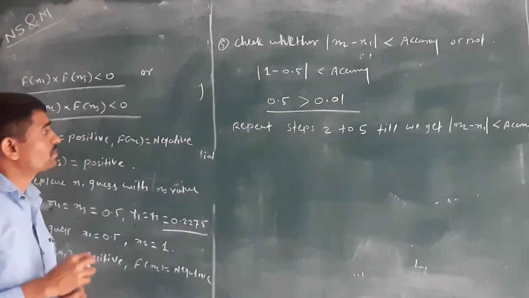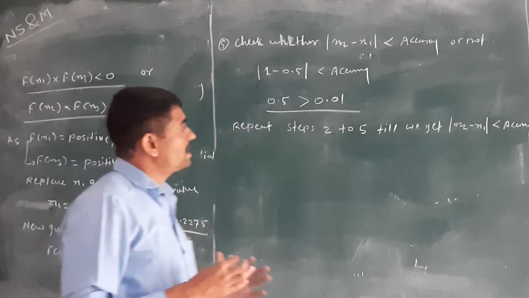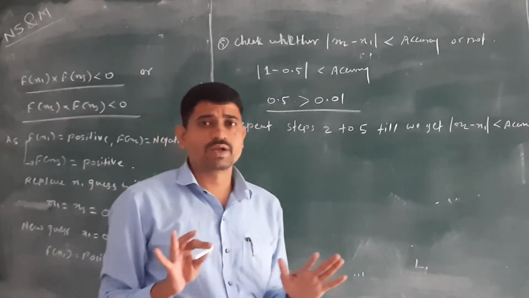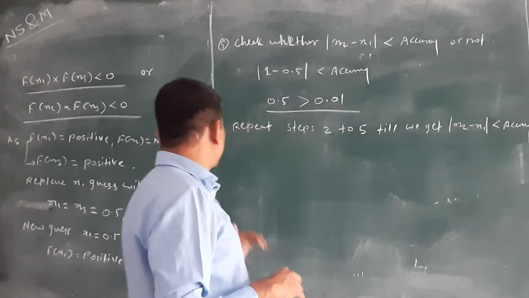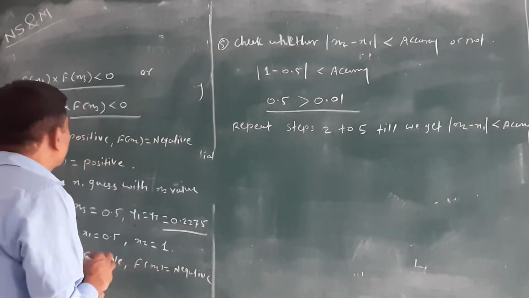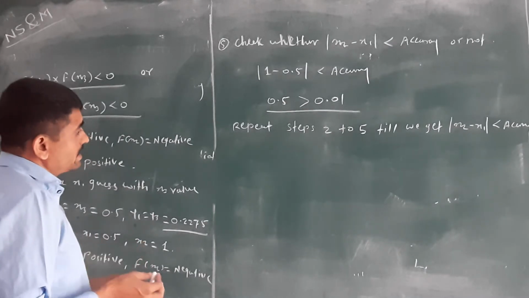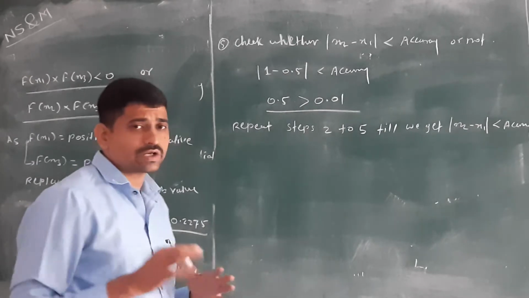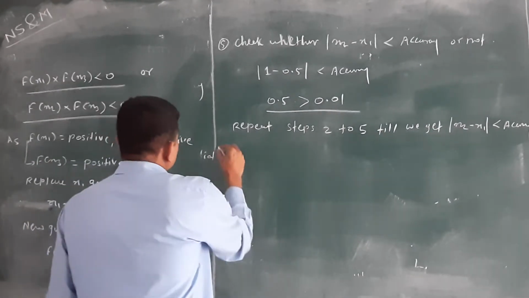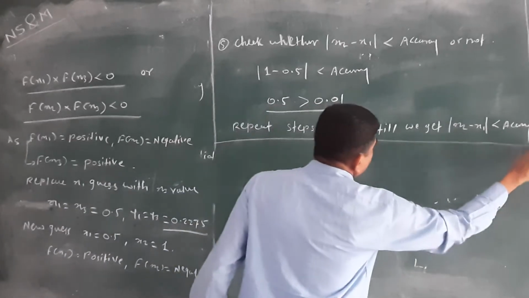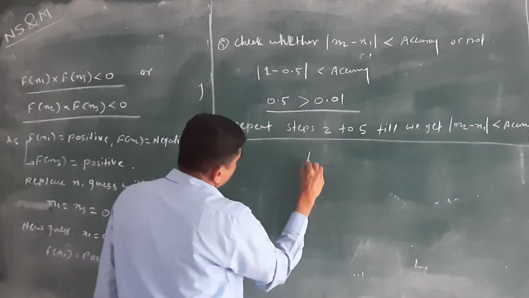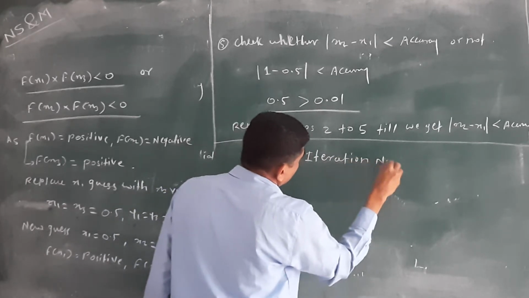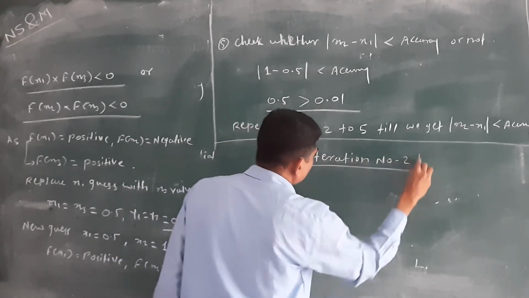Are all of you getting how to solve up to step number 5? I will solve the second iteration also, for those who are not getting it. Iteration number 2.